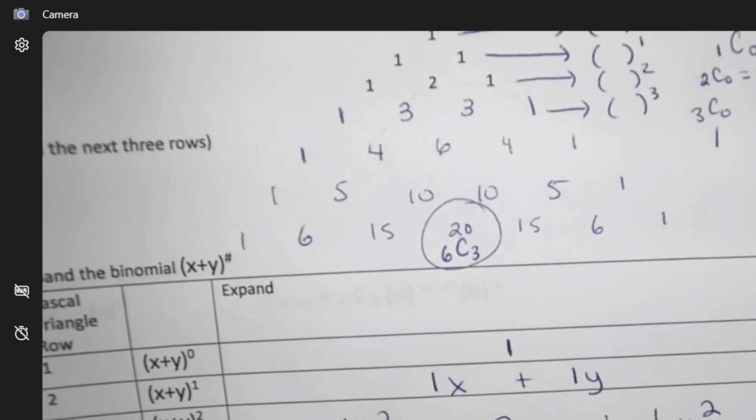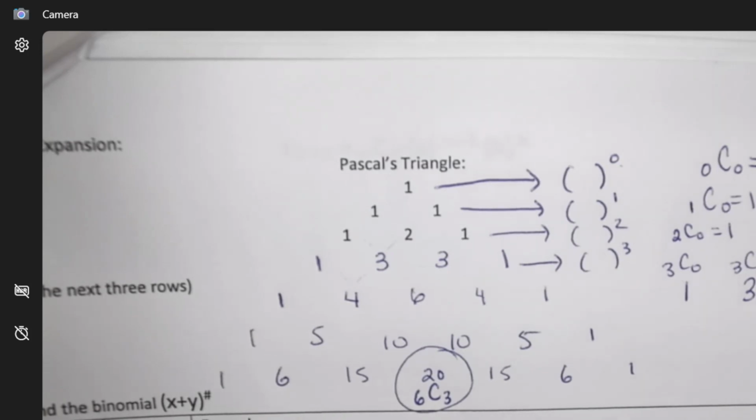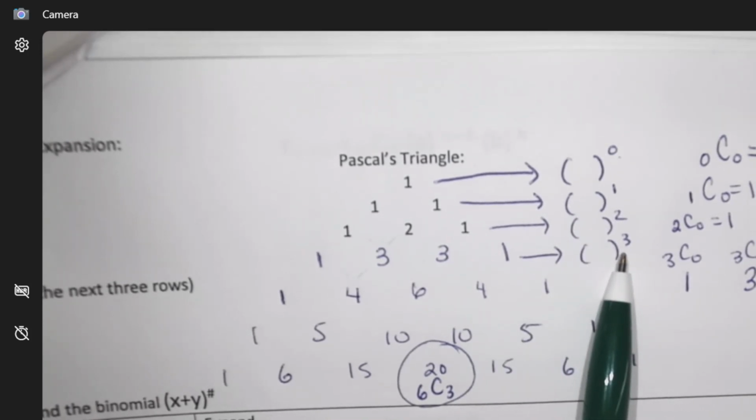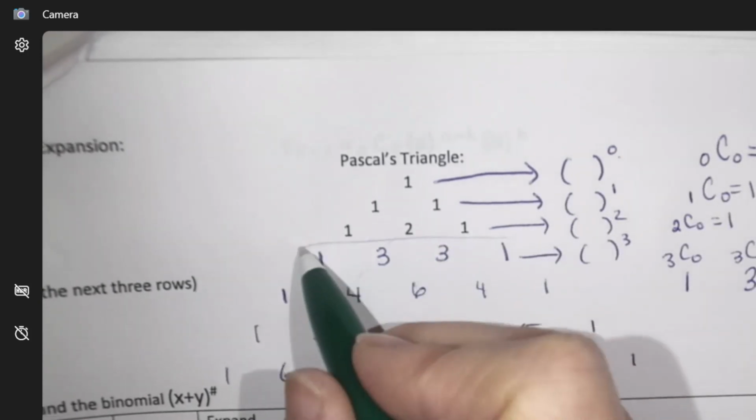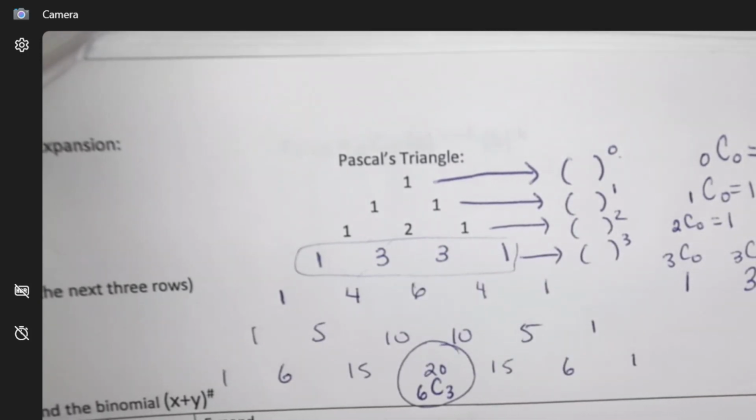Okay, so here's a couple things to note. Did you notice that if the exponent was 3, I had how many terms? I actually end up with 4 terms. If the exponent is 3, I end up getting 4 terms. So what's going on? Why is that counting like that?